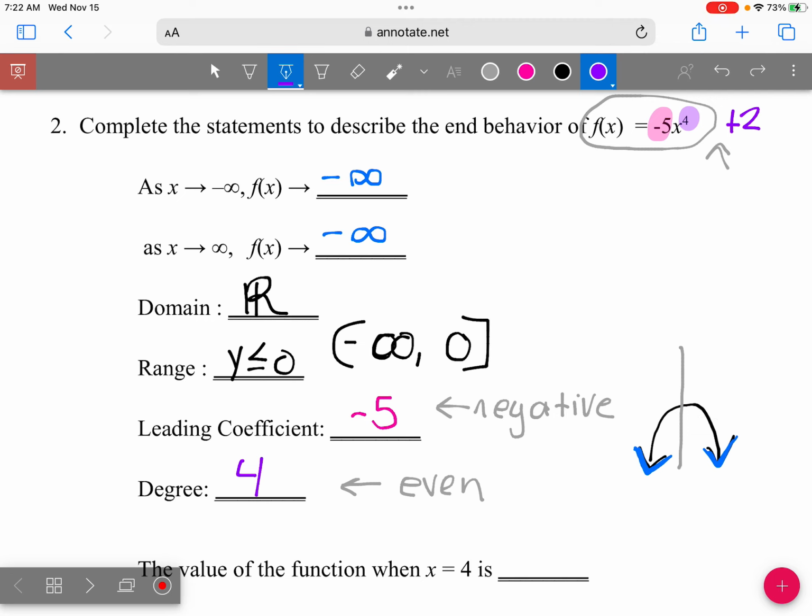Just get the vibe of it. Take our little sketchy sketch and give me the domain and range of our sketchy sketch. I want us to practice our domain and range stuff a little bit.